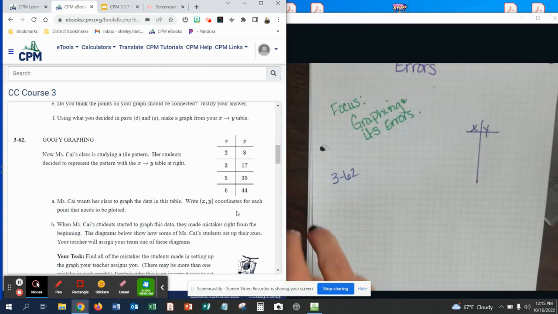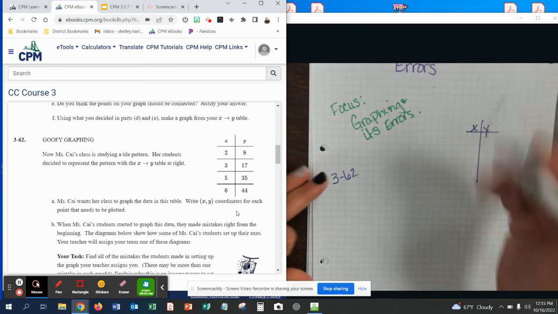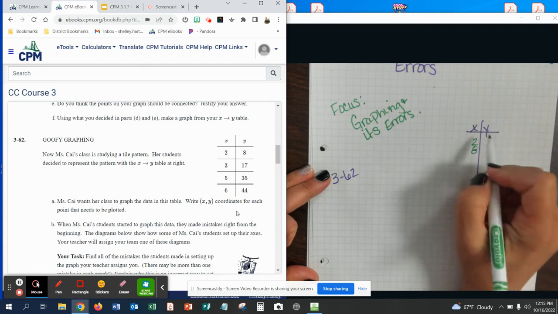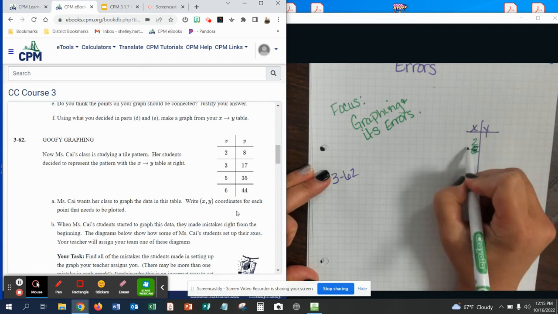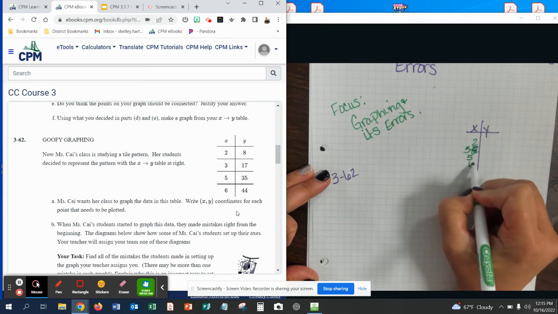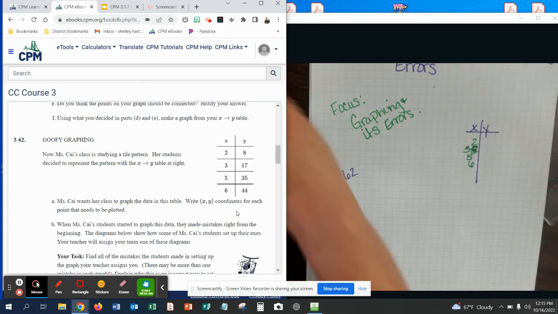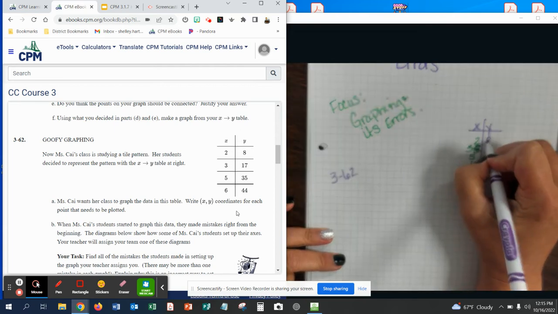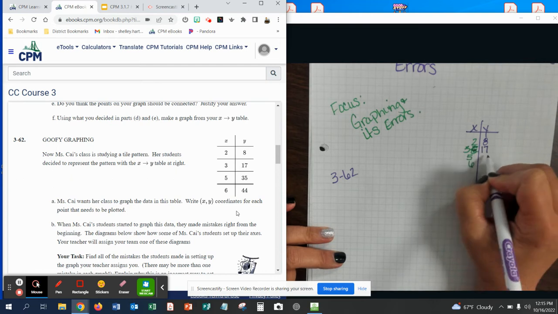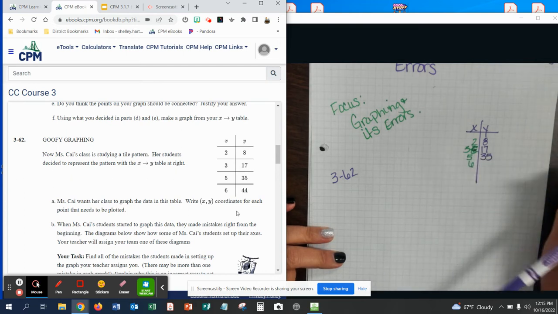Their X's are 2, 3, 5, and 6, and the other side is 8, 17, 35, and 44.